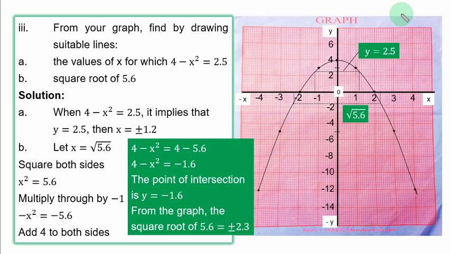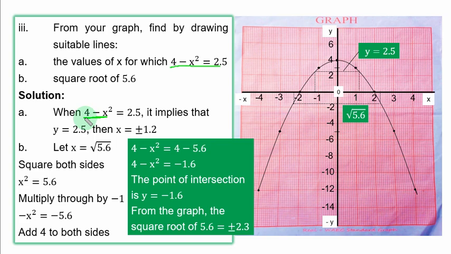Roman figure 3: from your graph, find, by drawing suitable lines, the values of s for which 4 minus s squared is equal to 2.5. This is what we plotted. This is the equation whose graph you are seeing.